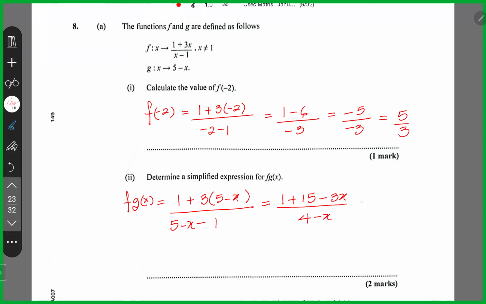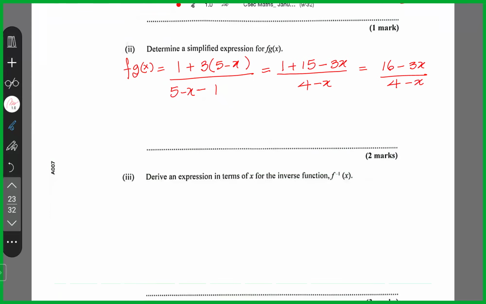The numerator is going to be 16 minus 3x. The denominator is 4 minus x. That is the answer. This cannot be further simplified. So f of g of x is 16 minus 3x over 4 minus x.